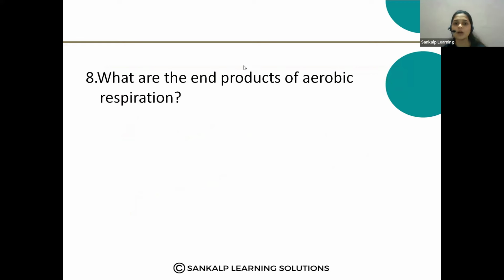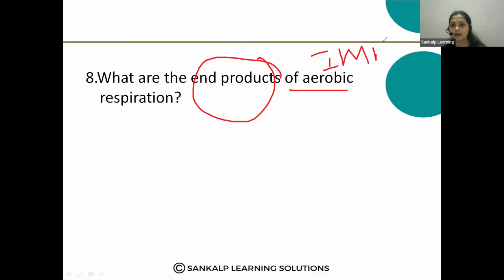Next question is, what are the end products of aerobic respiration? Aerobic respiration takes place commonly in human beings. This is a very important question. If you know the answer, you can tell.